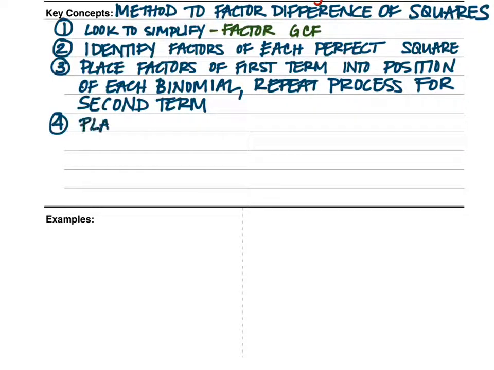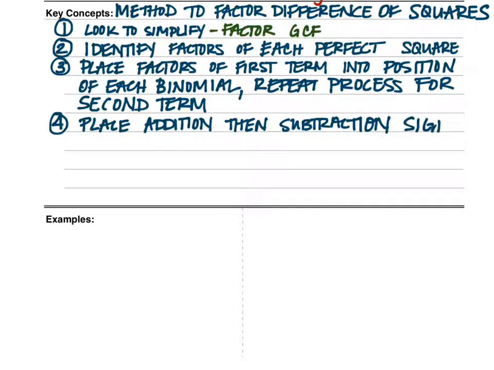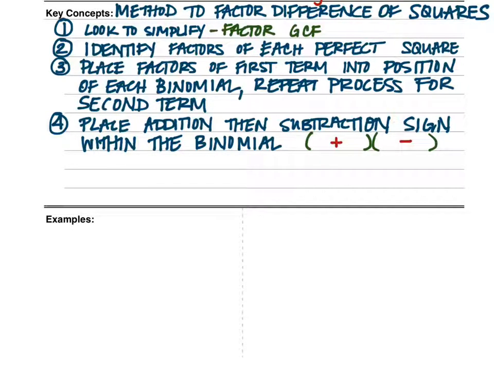The fourth step is to place an addition and then a subtraction sign within the binomials. So we'll have a visual here for you. The first binomial, we often place an addition sign, and the second binomial, we often place a subtraction sign. Now when we take a look at this, we leave this alone.